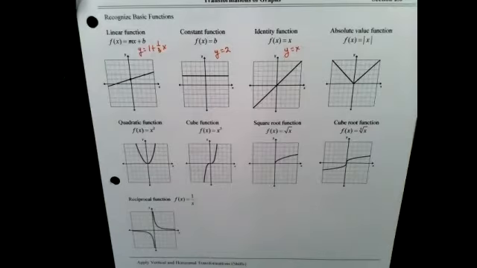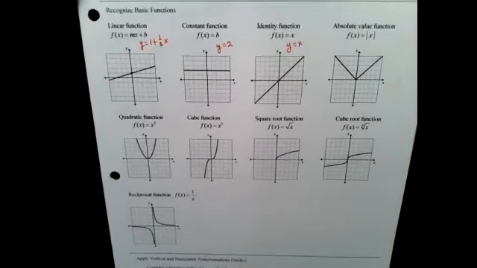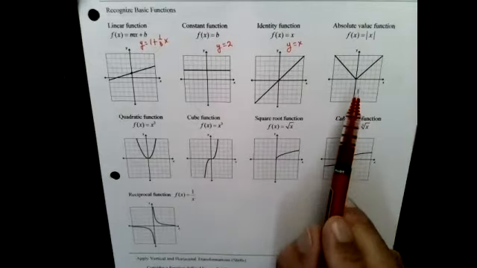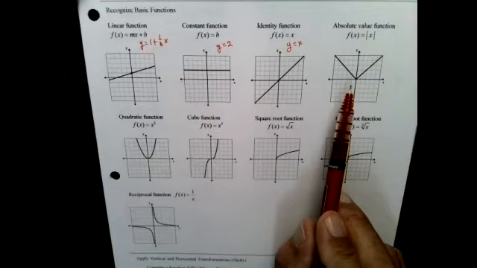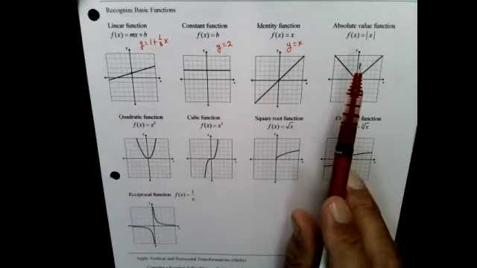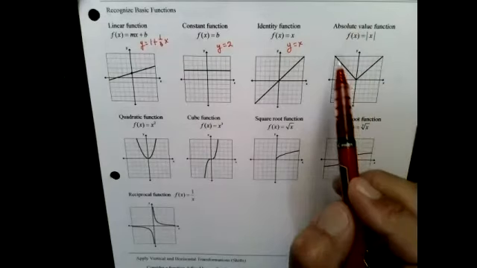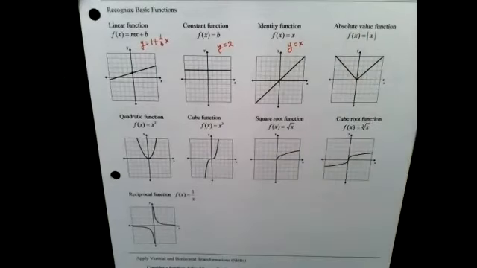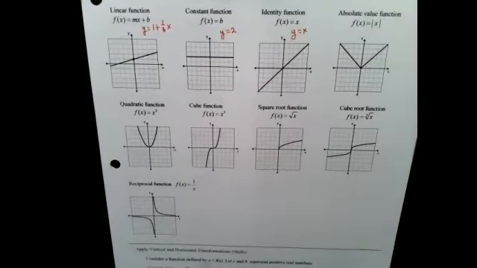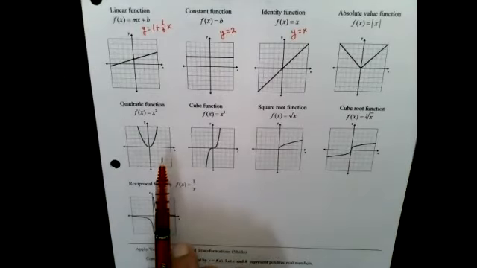So I'm starting to look at a whole bunch of parent functions. This is the absolute value. Students would tell me that's a way to remember it. The v in value reminds that it looks like a v. Y equals x squared.